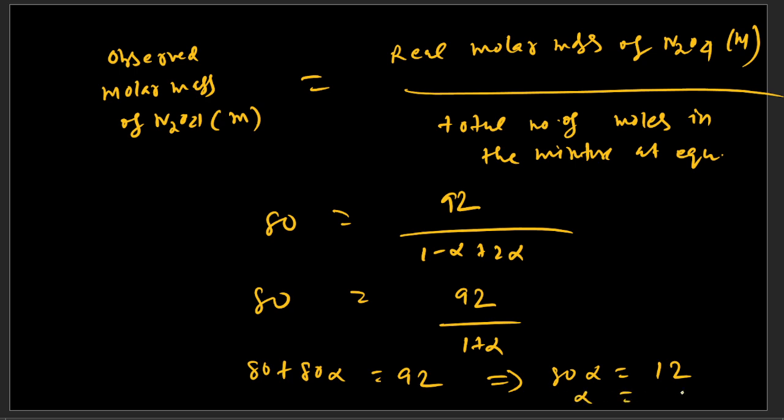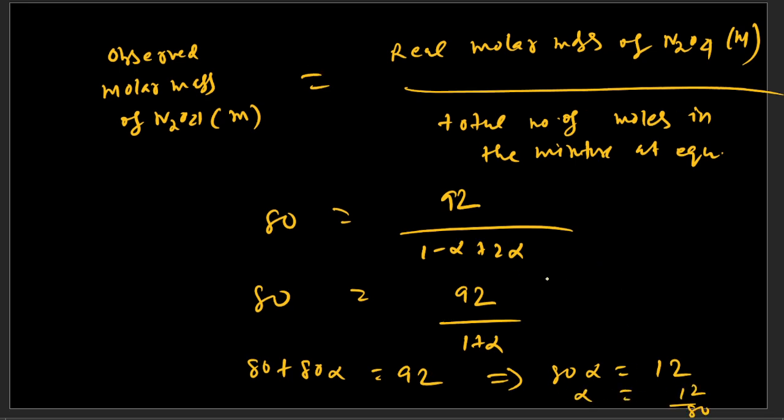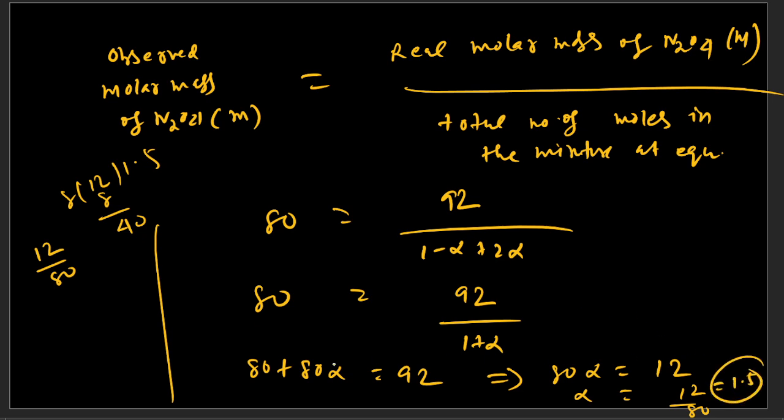Then alpha equals 12 by 80, that is 0.15. So alpha is 0.15. So like this, they will give the observed molar mass.